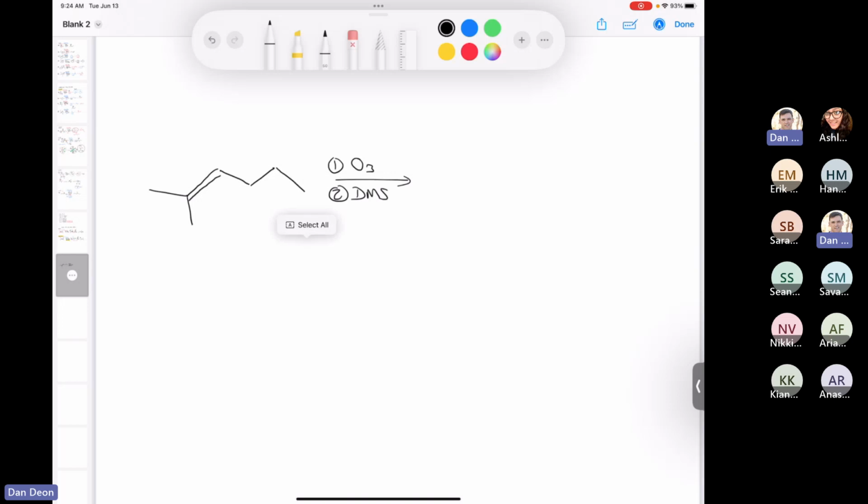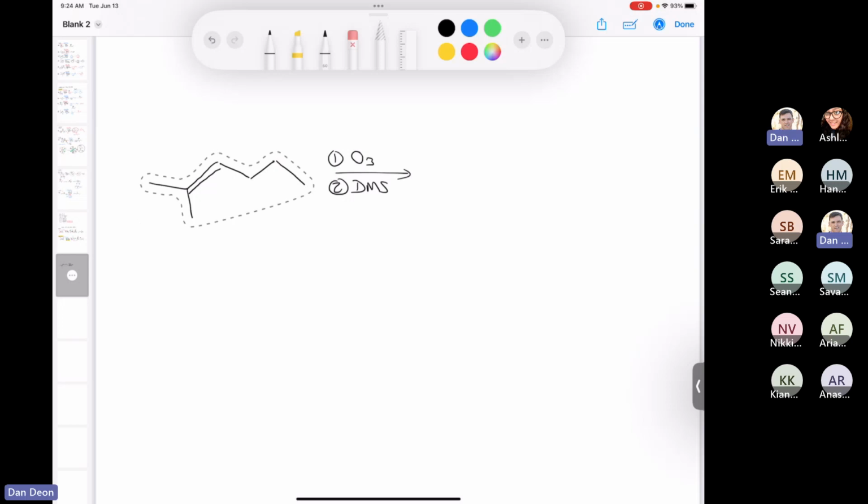The way the skill builder works is like this. To draw the products, you take the starting material, copy it, just redraw it. Then you take the eraser from your pencil and you erase the double bond like that. And then you put an oxygen on each end. And there you go. Those are the products of the reaction.